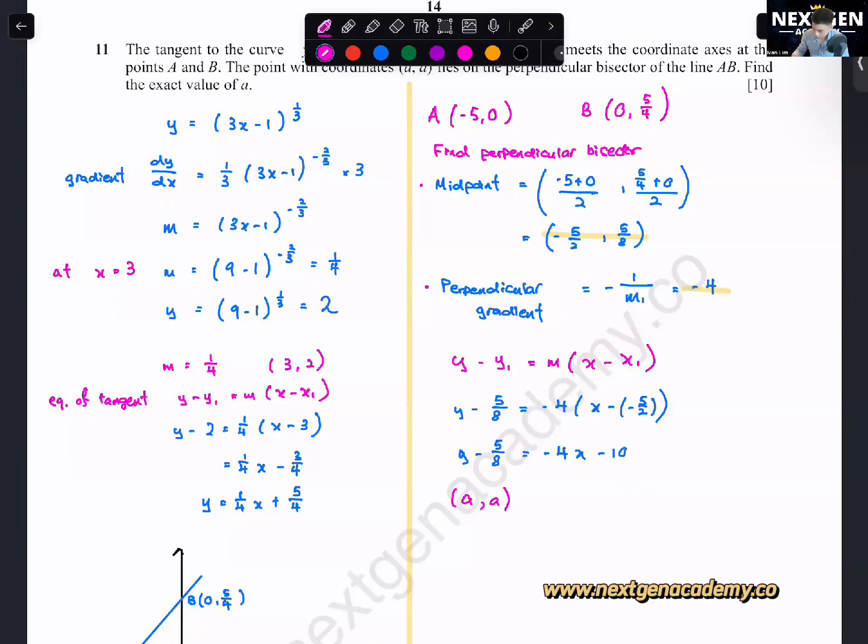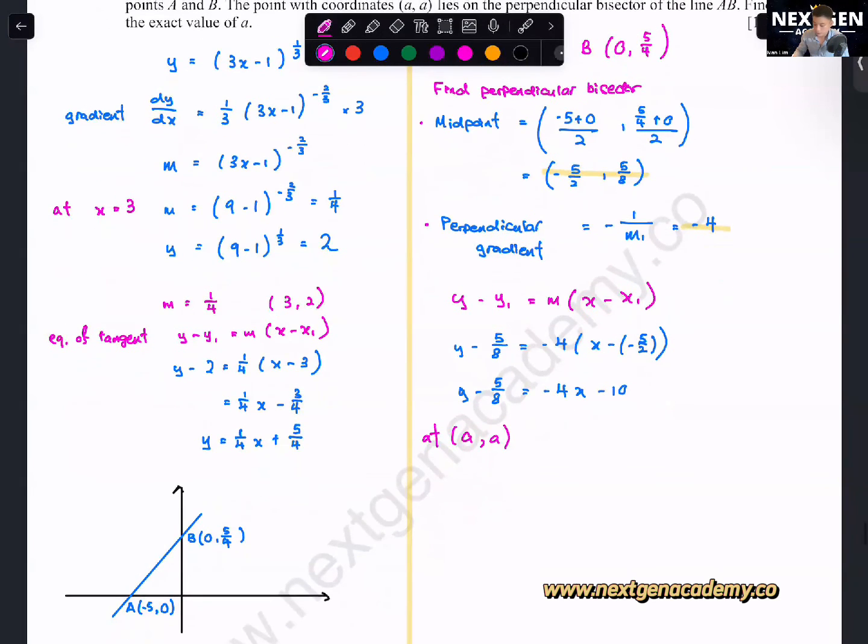So I want you all to substitute (a, a) into this equation of the perpendicular bisector. So the final one: a minus 5 over 8 equals negative 4a minus 10. 5a equals minus 10 plus 5 over 8, which is minus 75 over 8. You divide by 5, you get negative 15 over 8.